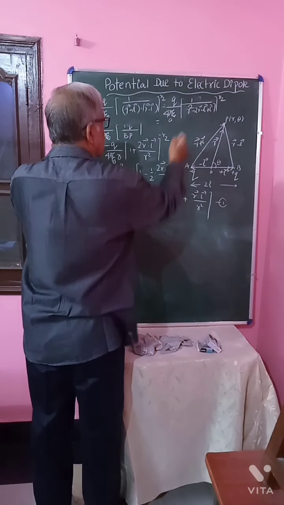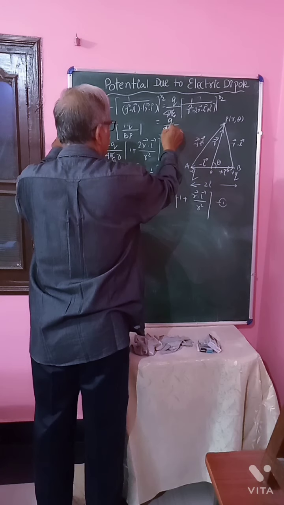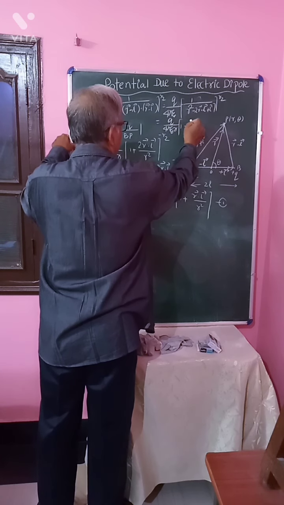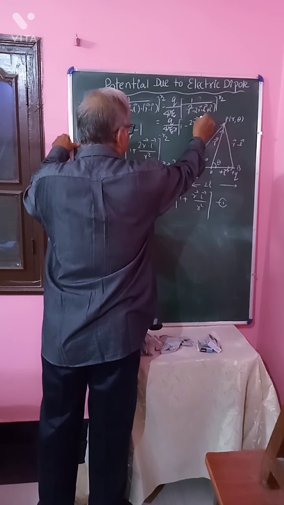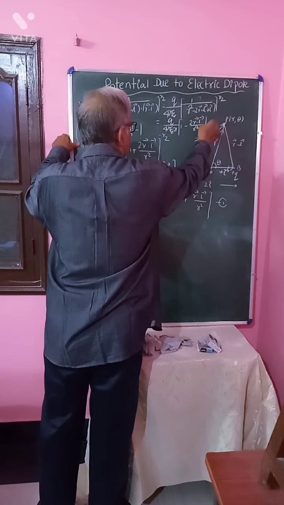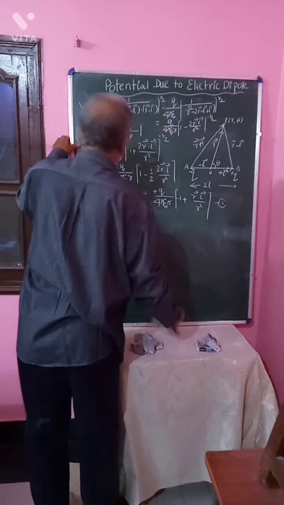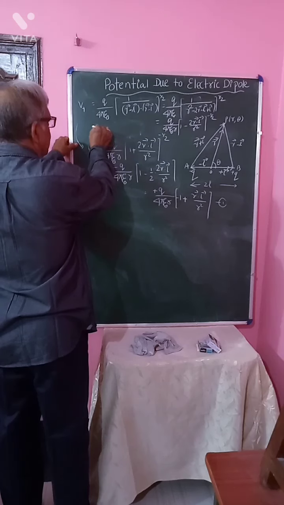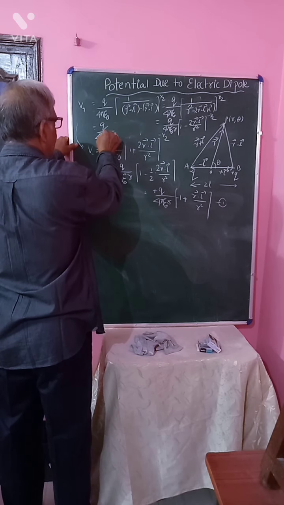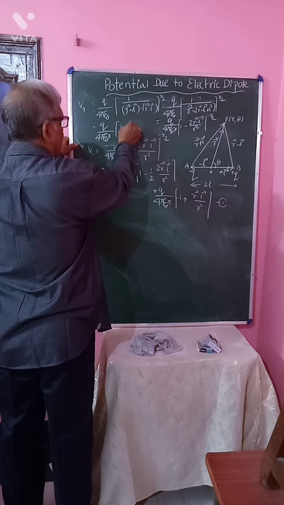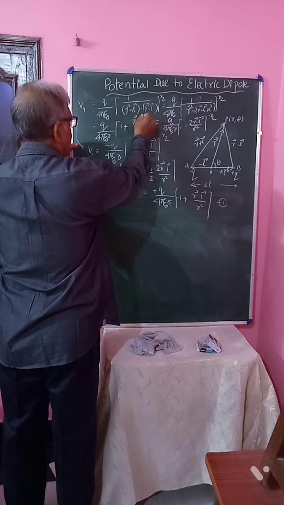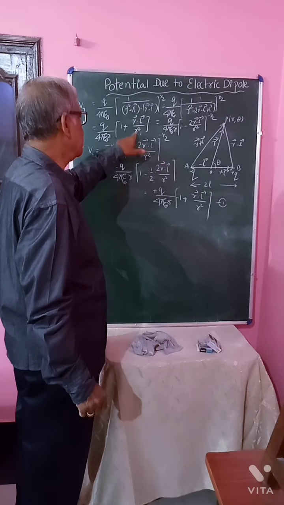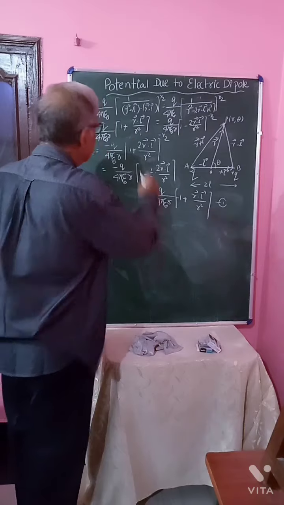Taking R square common and dropping the term L square by R square, we have Q by 4 pi epsilon 0 R times (1 minus 2 R dot L by R square) to the power minus half, which is equal to Q by 4 pi epsilon 0 R times (1 plus R dot L by R square), neglecting the higher powers of the terms involving R square. This is equation 2.